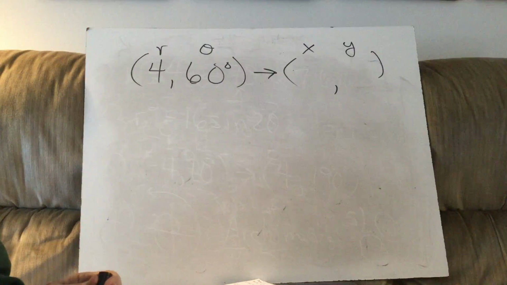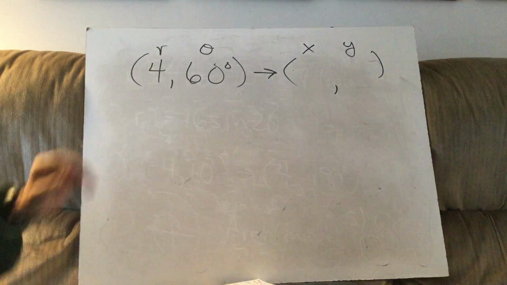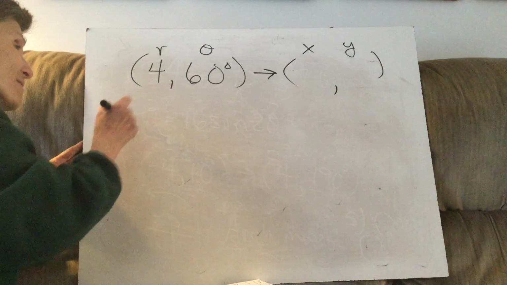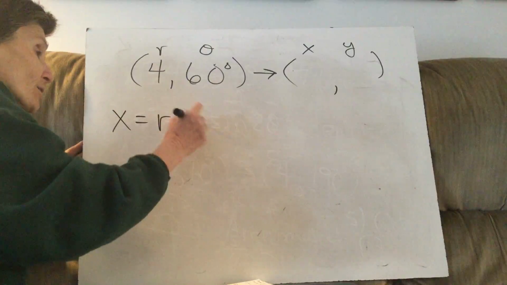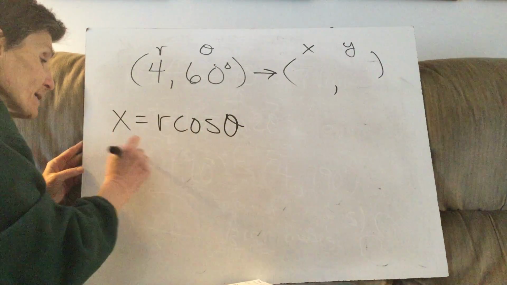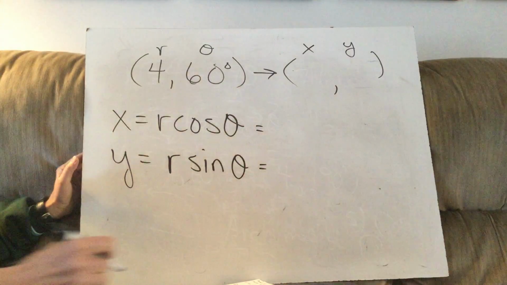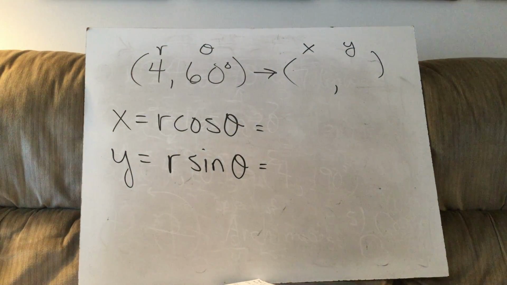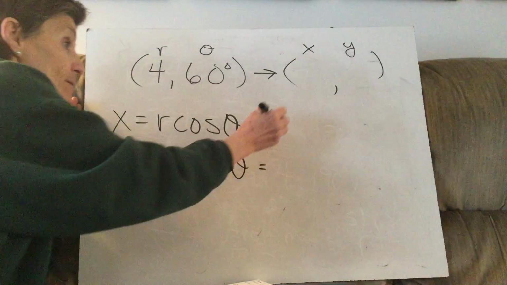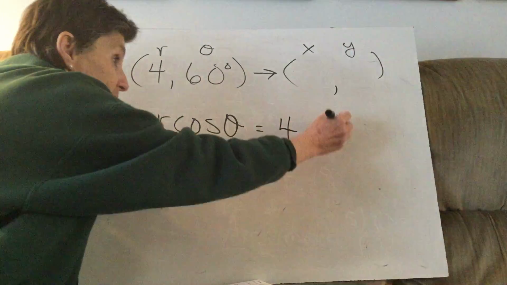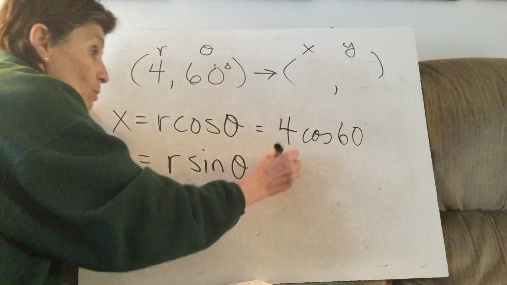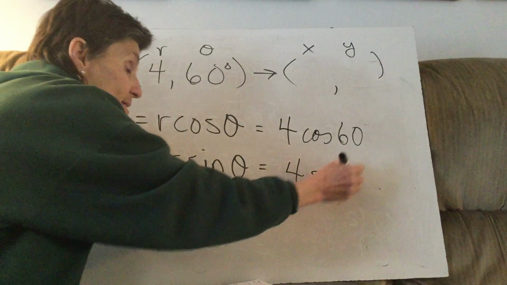Now, if you've been keeping up with your videos, watching all the videos, you know that x equals r cosine theta and y equals r sine theta. So x equals r cosine 60 and y equals r sine 60.